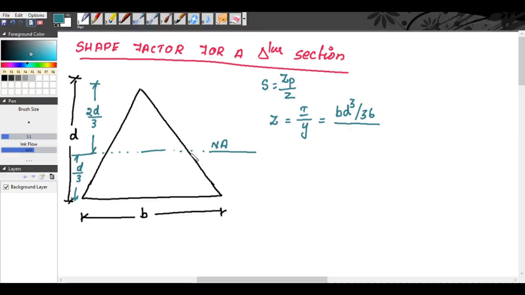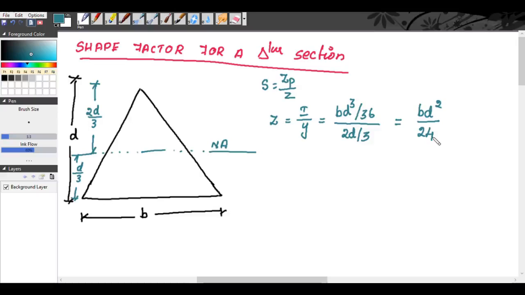Y is the distance from the neutral axis to the extreme fiber. See here, the longest extreme fiber distance is 2d by 3, since the distance is more for this side. So you have to consider this distance, which is equal to 2d by 3. That is Y. So we get Z is equal to BD square by 24. So this is simple.